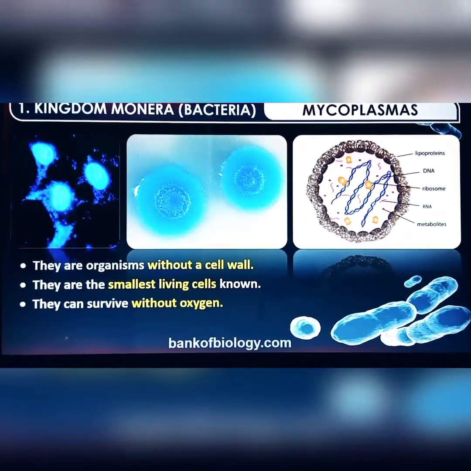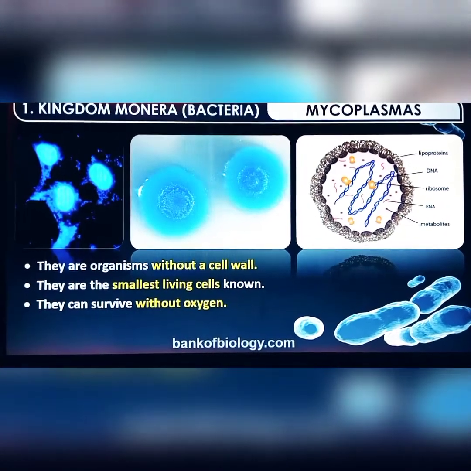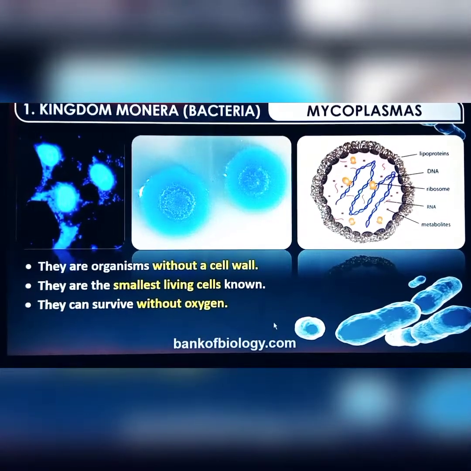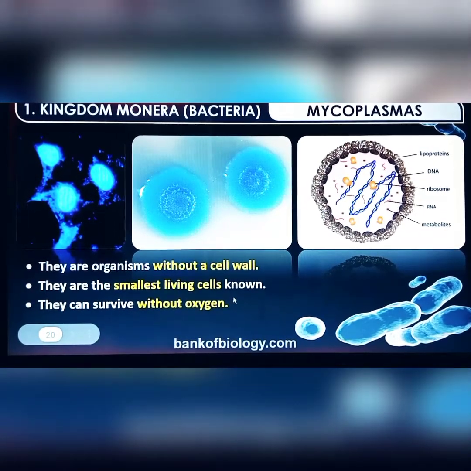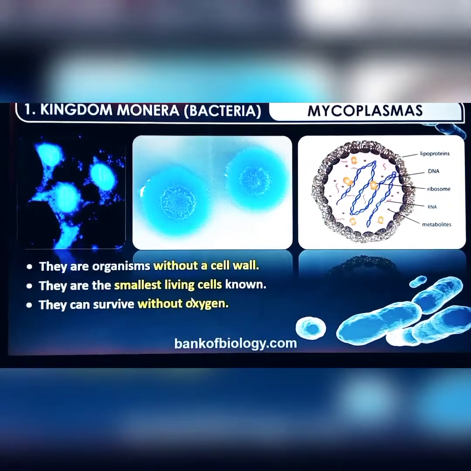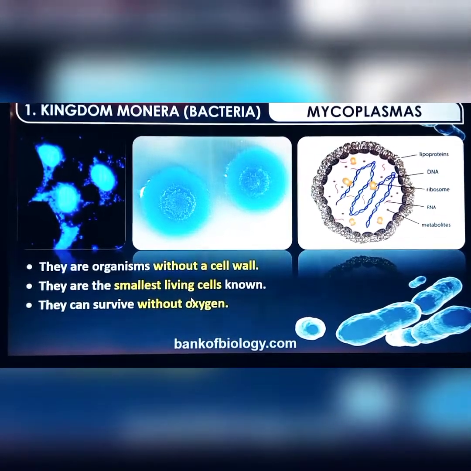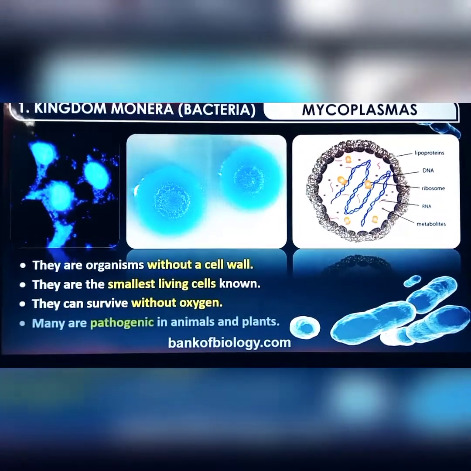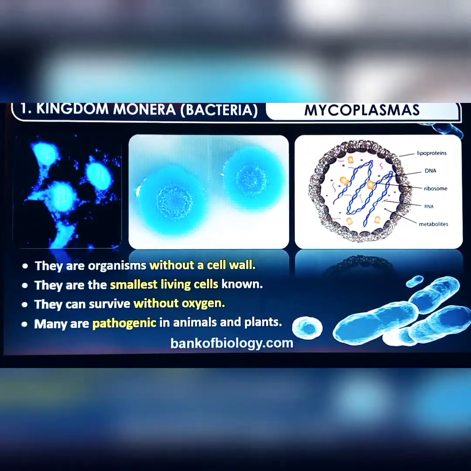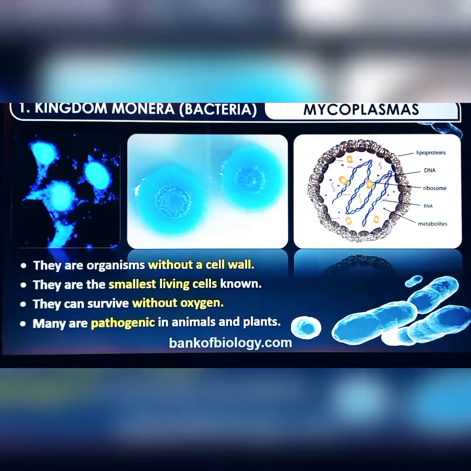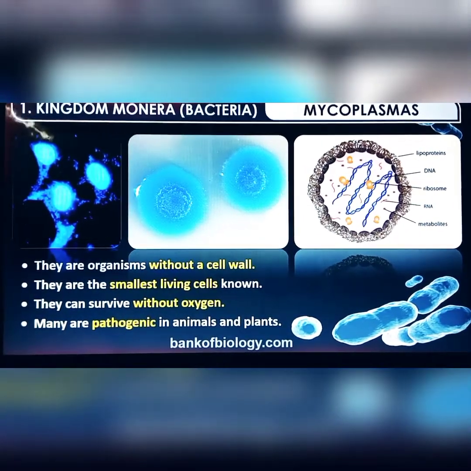They are the smallest living cells known, as I have already told you. In the presence of oxygen they can easily survive, and in the absence of oxygen they can easily survive also. They are pathogenic in animals and plants also.